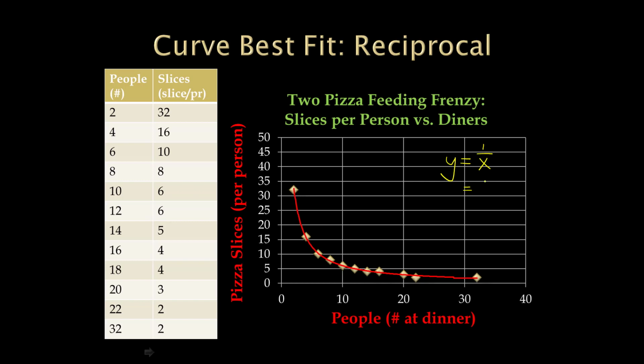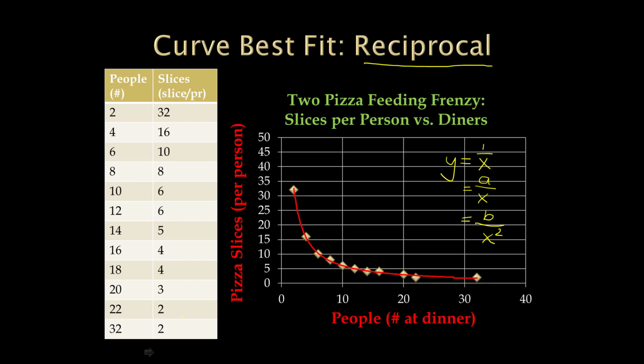So this could also be a particular number, a over x, or if we're looking at something really fancy, maybe it's going to be equal to some constant, I'm going to call it b in this case, over x squared. But again, something that has a very characteristic shape that it continues to curve, and this is referred to as a reciprocal relationship.